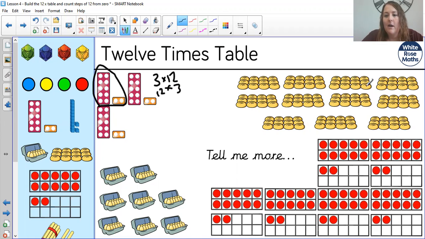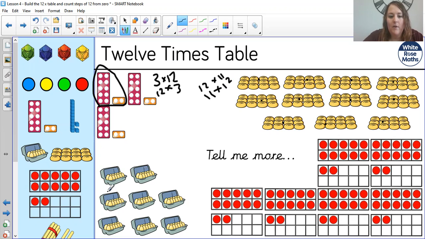Having a look over here on the right hand side, we've got a baker's dozen. We've got 4 rows of 3 baked pieces of bread, and we've got 1, 2, 3, 4, 5, 6, 7, 8, 9, 10, 11 of them, which is showing 12 times 11, and you could also show 11 times 12.